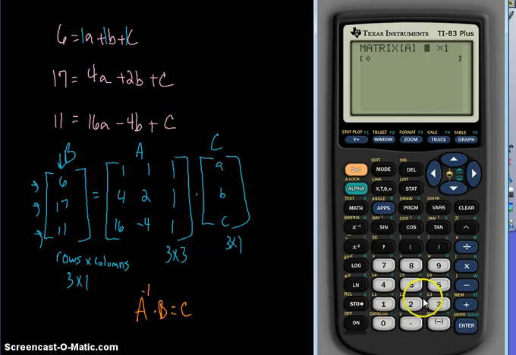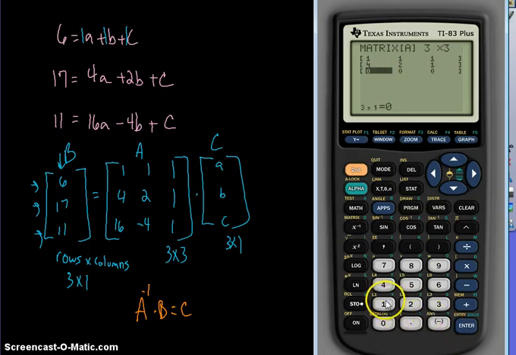So enter 3, enter, 3, enter. Then just type in the numbers: 1, enter, 1, enter, 1, enter. It takes you to the next row. 4, enter, 2, enter, 1, enter.